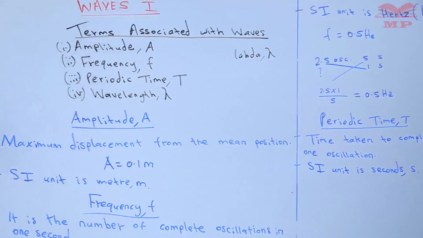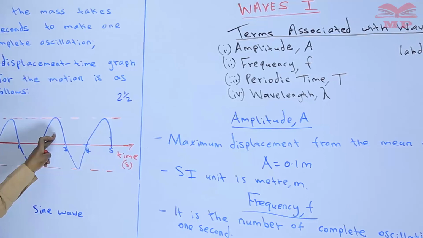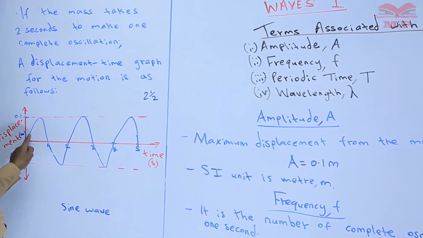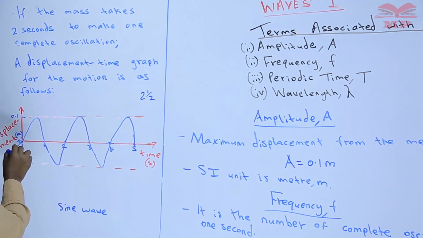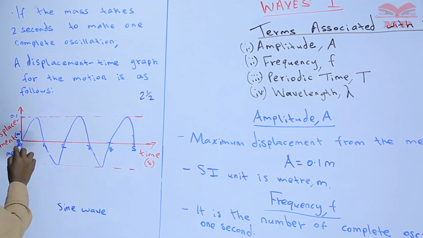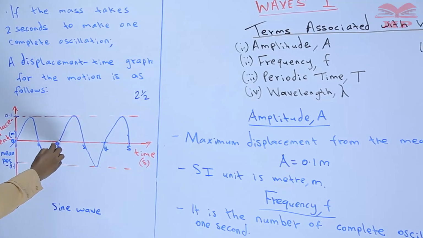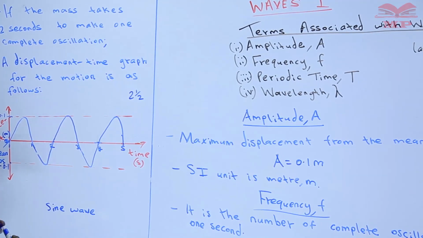For example, if we come back to our question here, to complete one oscillation, how many seconds are there? If we start from here, this zero, our complete oscillation is up to here. So how many seconds are there? We have 2 seconds.